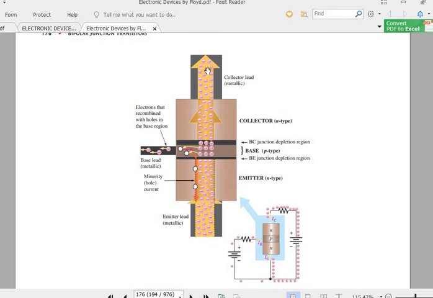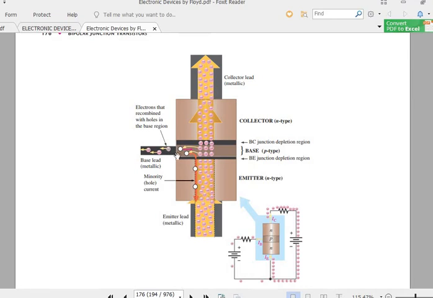According to Kirchhoff's law, recall your memory, the input current is equal to all the output currents.